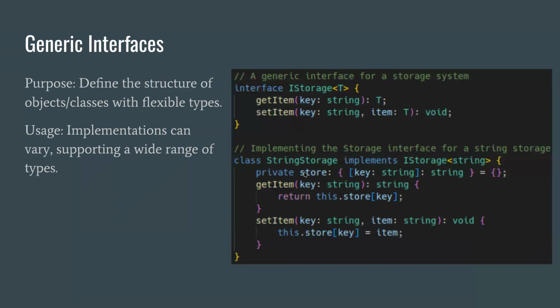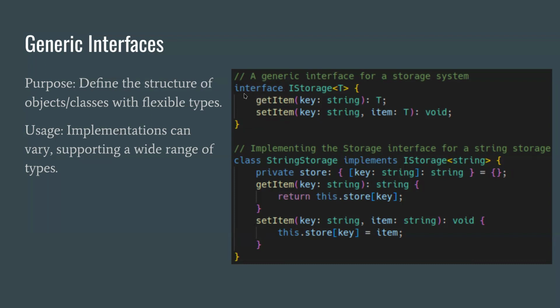Generic interfaces. Let's talk about generic interfaces. Generic interfaces allow us to define the structure of a class or object with flexible property types. For example, we can define an interface for a generic method that returns an item from a storage mechanism.